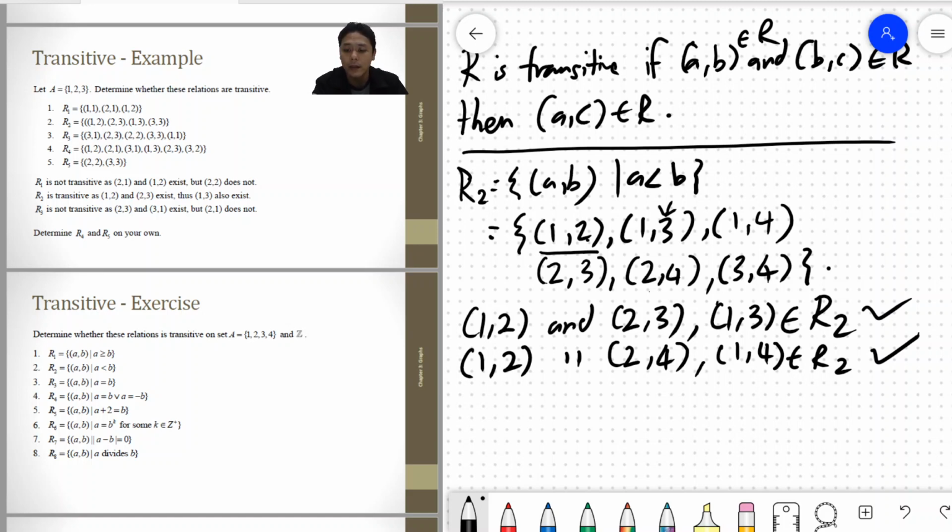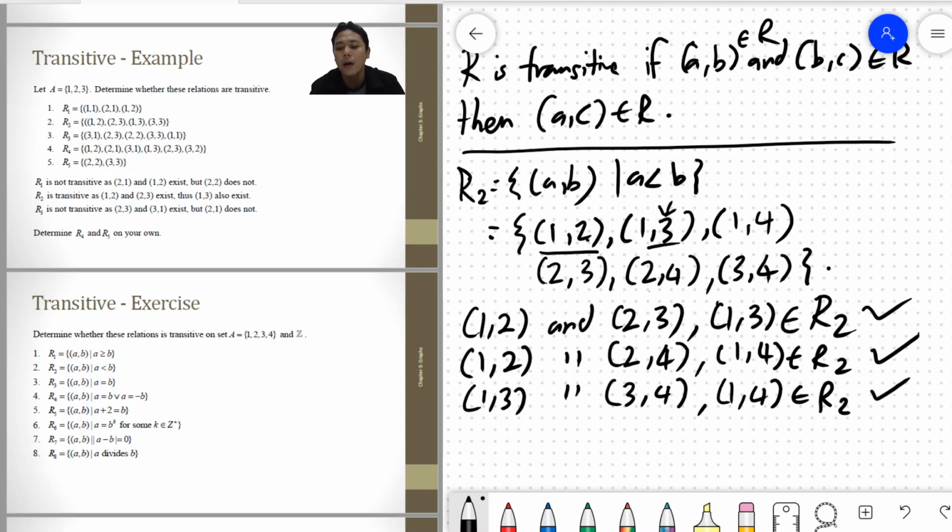No. Then you can proceed to the next one, (1, 3). (1, 3) you can compare with (3, 4). (1, 4) exists in R2. Finish. (1, 4): there is no 4 as the element on the left, so you can skip.